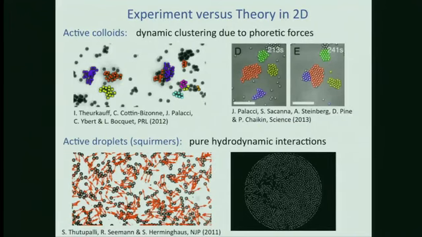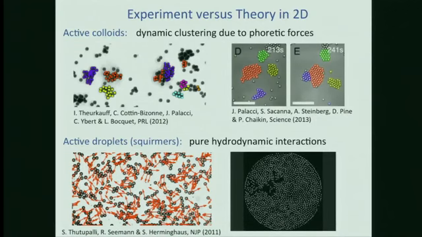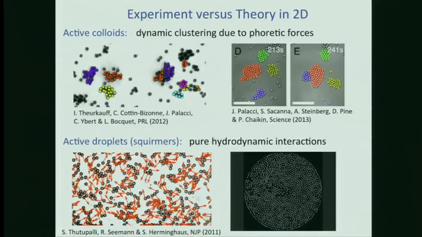Another system in 2D was created in Göttingen in the Herminghaus group by Shashi Tutupali. They have emulsion systems which are very nice swimmers, actually real realizations of squirmers, and they also form these coherent structures here. On the theory side, so this is the experiment.